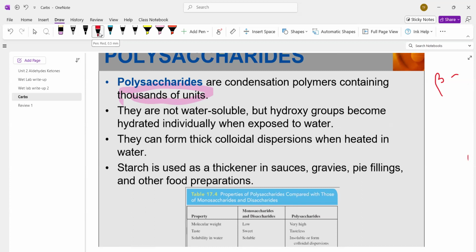And then as that happens, all the hydroxyl groups on the glucoses will start to do hydrogen bonding with the water. And that's what makes the starch water really thicken up, because it's binding with the water. Not the same as solubility, though. That's why they call it a colloidal dispersion.